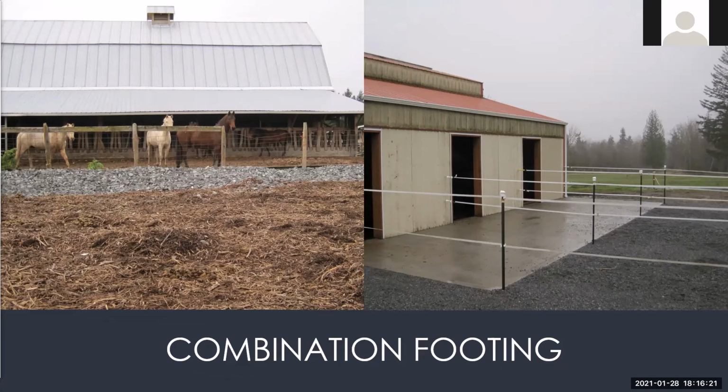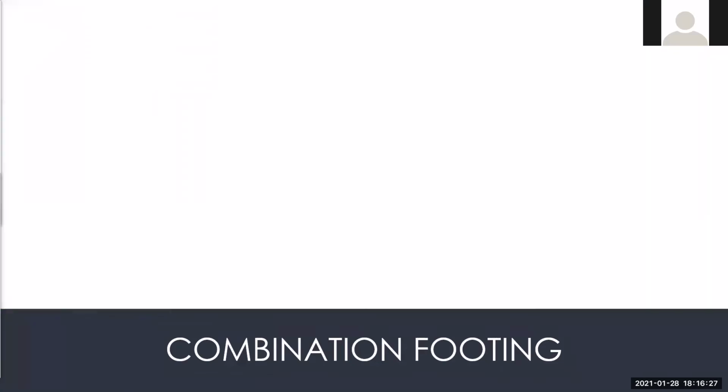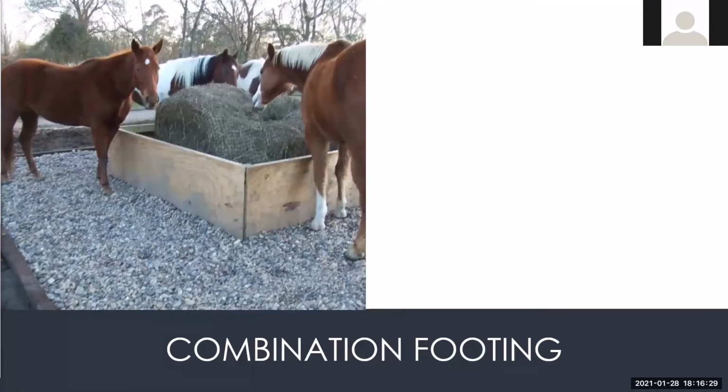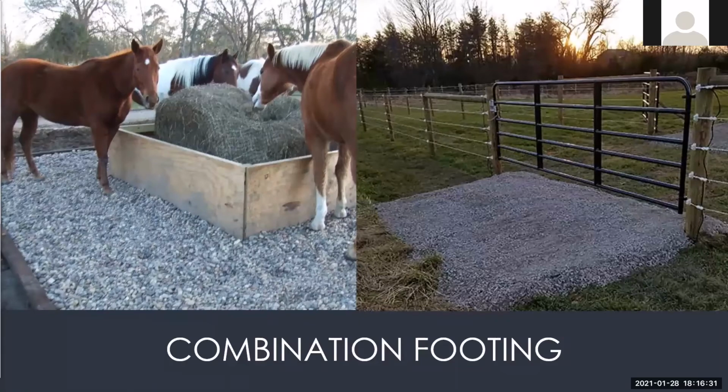Some people even use like rubber mats for that as well, but just creating a really firm surface that you can easily clean, and then gravel outside of that. And you do see the combination footing with thinking about maybe you could just put it in concentrated areas in where the feeding is or where there's heavy traffic and walkways.